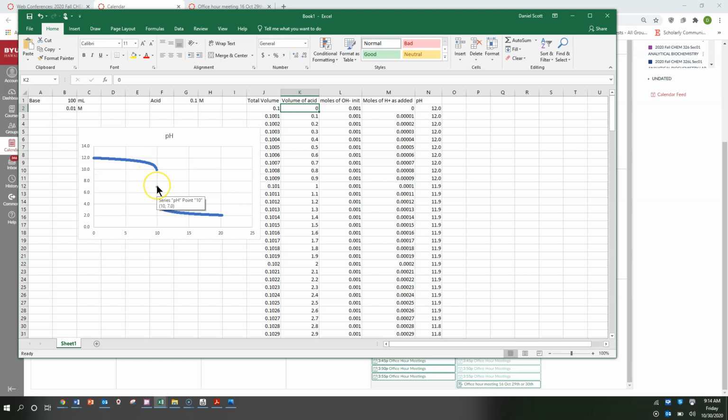So in this case, because we're working with strong acids and strong bases, it's going to be right at 7. So there's nothing left over.